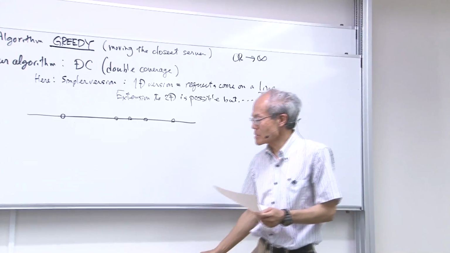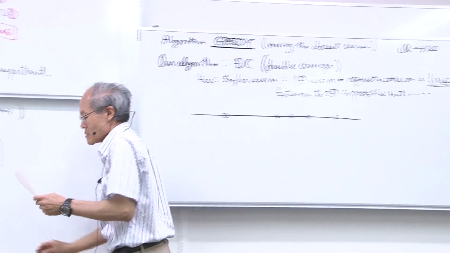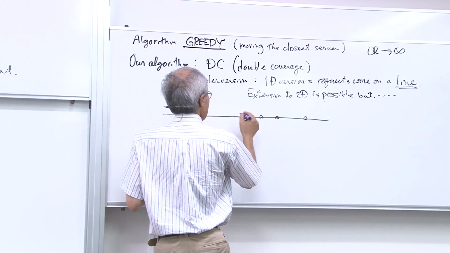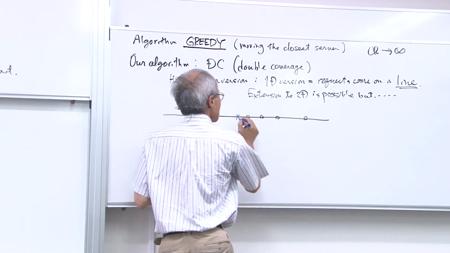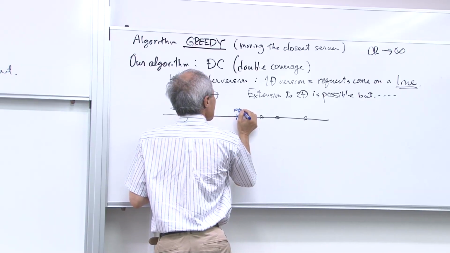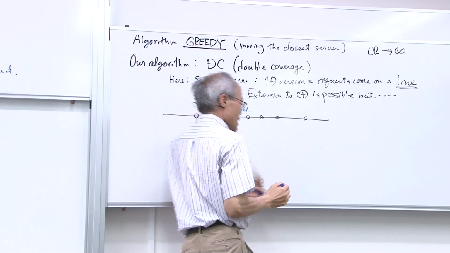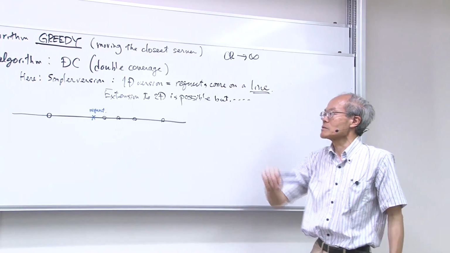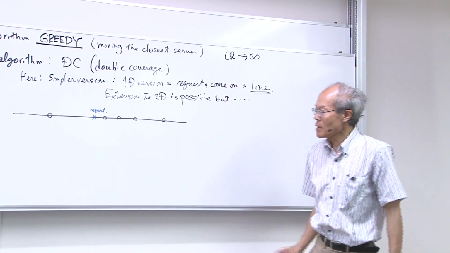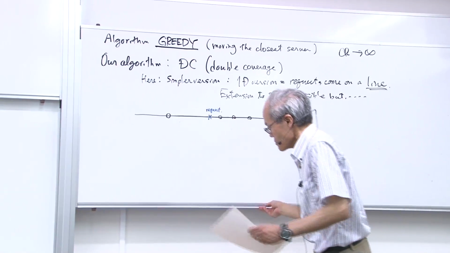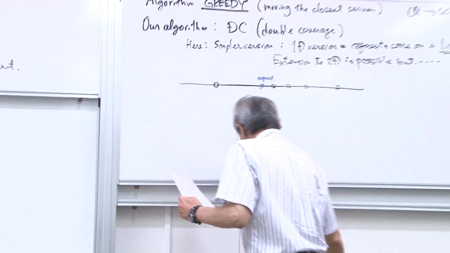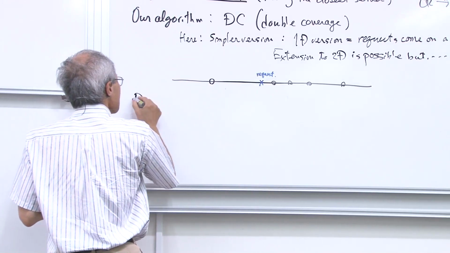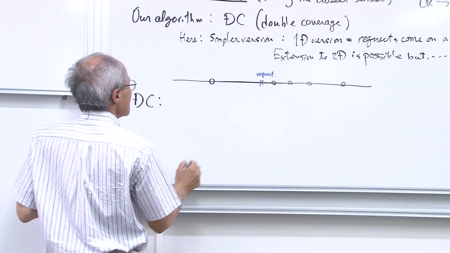And the request comes, for example, here. And you have to move some server to the requested point position. Now, DC has two cases. This is very simple. DC is very simple. Case 1.